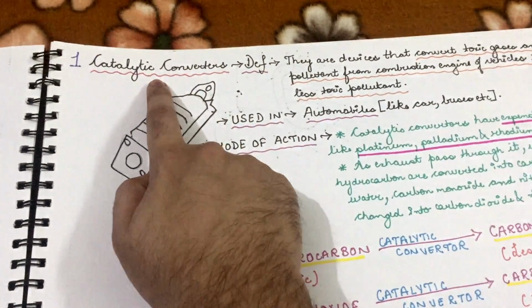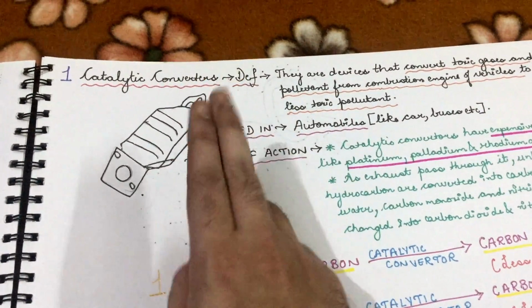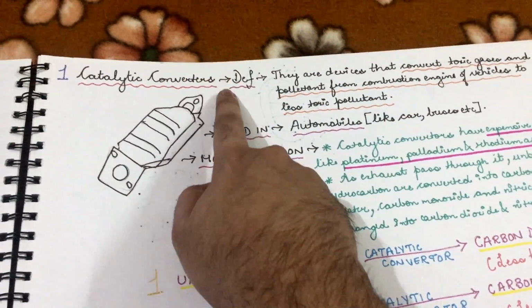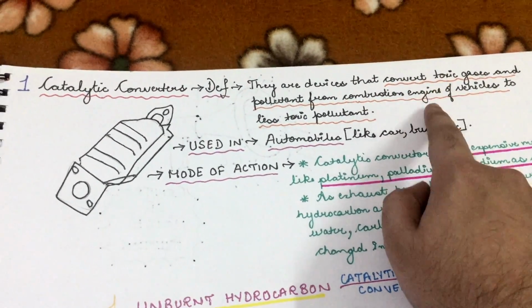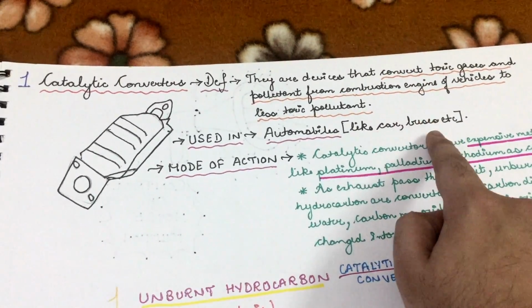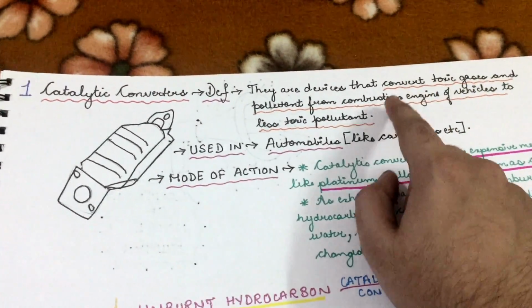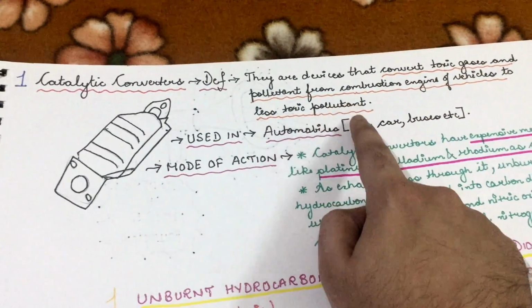Now let us look at the definition of catalytic converter. In the definition, you should know two things. Number one, catalytic converters are fitted in the engines of automobiles like cars and buses. And second, they convert more toxic gases into less toxic gases.